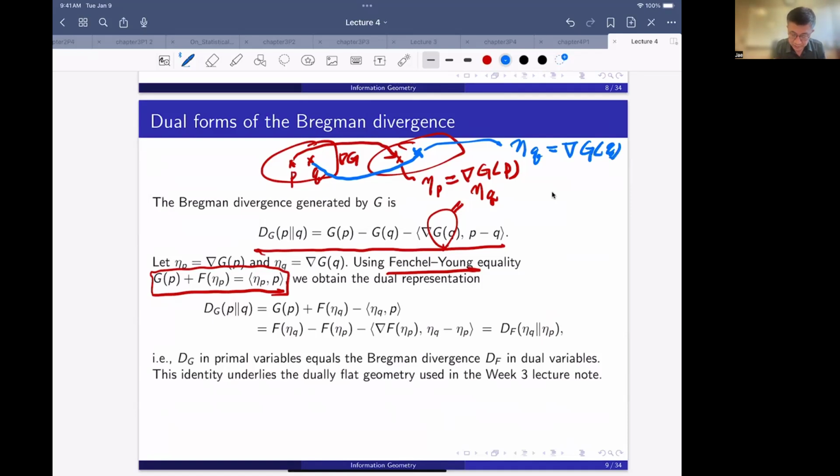So that means you can now write this guy. So this guy is the same as this one, and then you write this one, and so basically you can do algebra and check that this guy is G(P) minus G(Q) minus η_Q·P plus η_Q·Q, right? And then you can simplify further, because you have this guy and this guy.